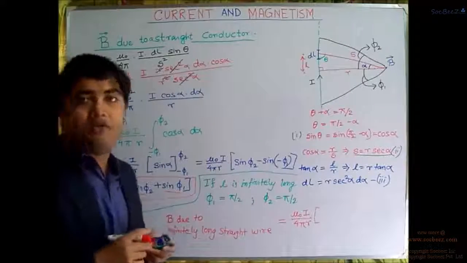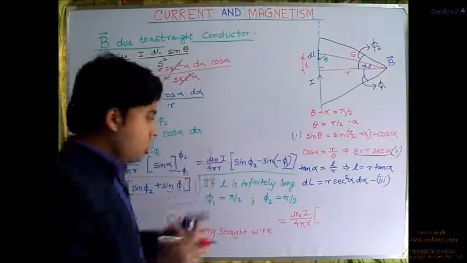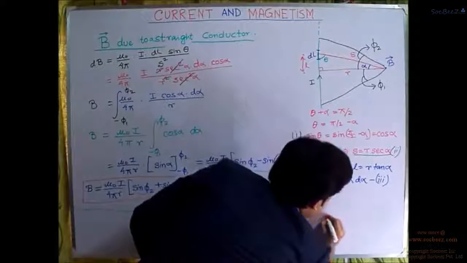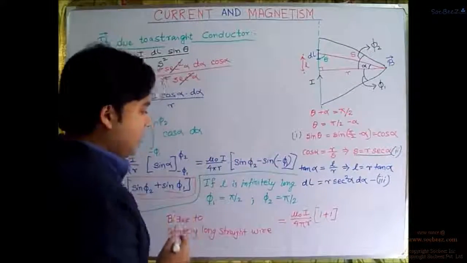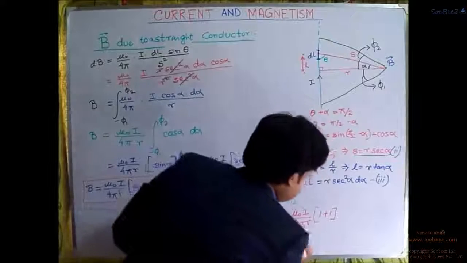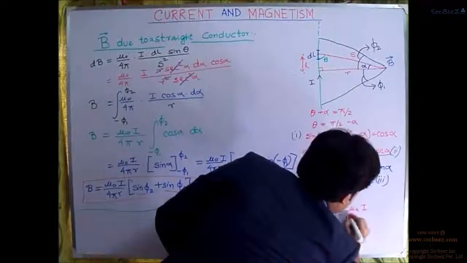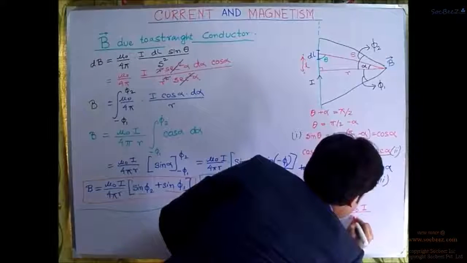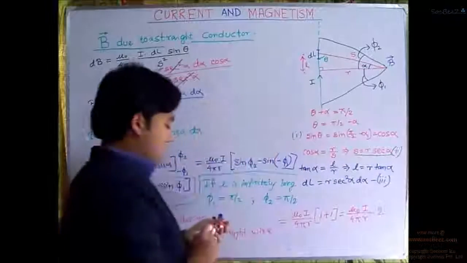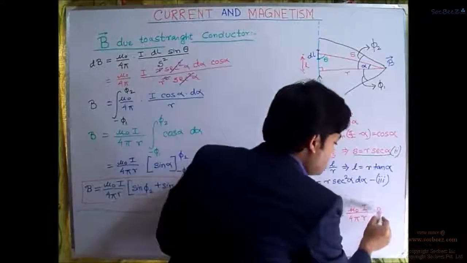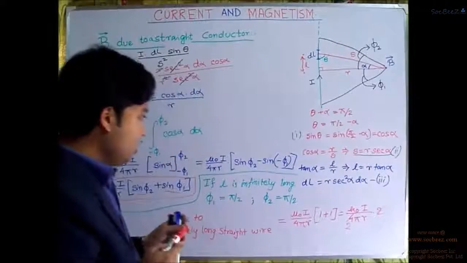From trigonometry we know that the value of sine pi by 2 is 1. So it will be 1 plus 1, that is equal to 2. So we can write it as mu naught I divided by 4 pi r multiplied by 2. And we can cancel out this 2 with 4, leaving only 2 on the denominator side.